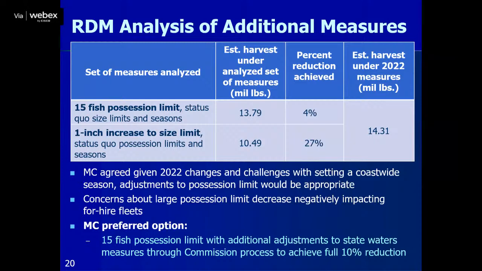That would be for the council and the board to recommend that federal waters measures remain status quo, provided that within state waters, the board is able to come up with suites of measures that would achieve the full 10% reduction coastwide. That's an opportunity for the council and the board to move forward and discuss achieving a 10% reduction in state waters, potentially leaving the federal waters measure status quo. I just offer that as a third path forward. Thanks.